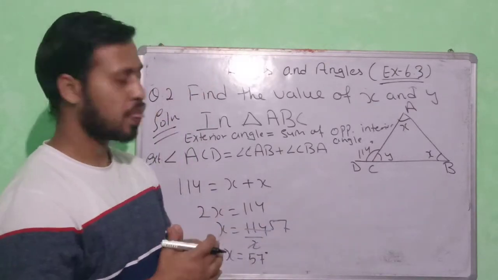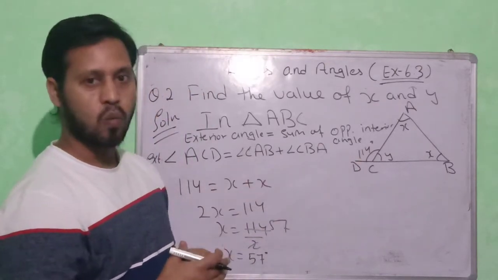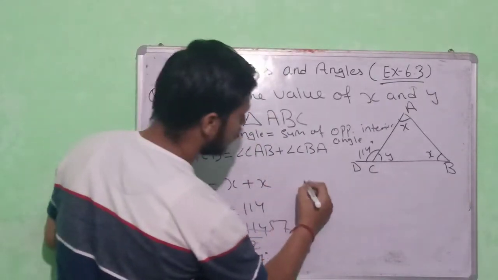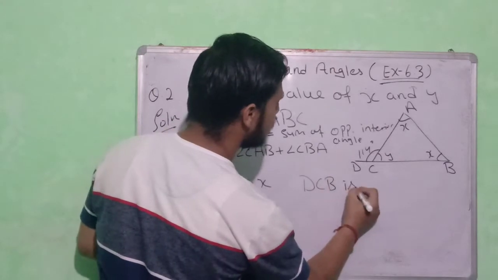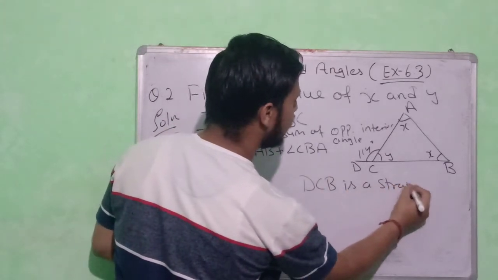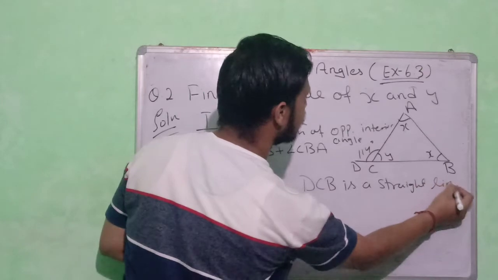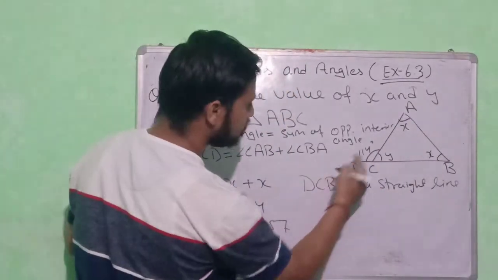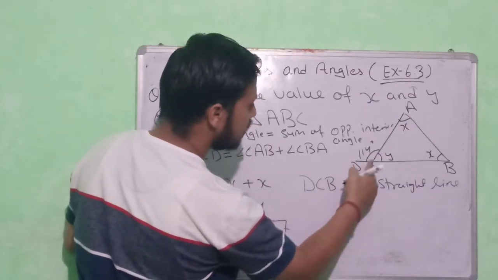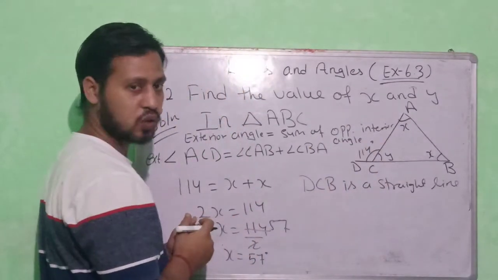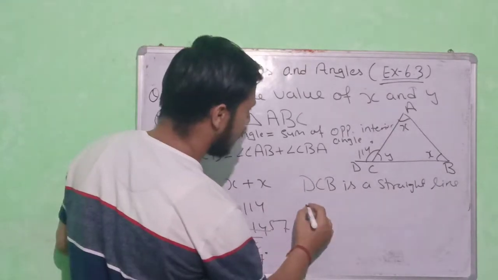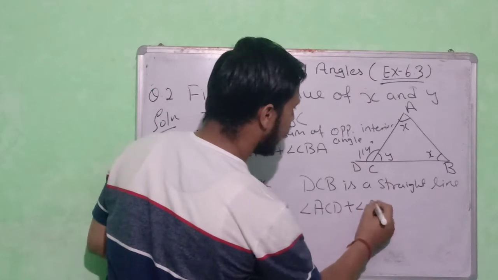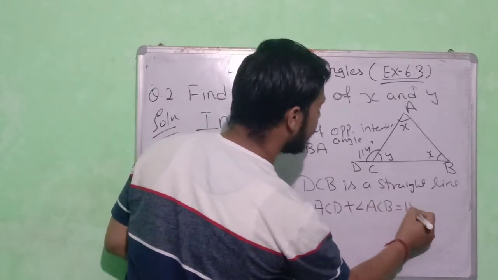Now look here students. For finding y, as you can see, DCB is a straight line, and these two angles are adjacent to each other. We can say that angle ACD plus angle ACB equals 180 degrees.